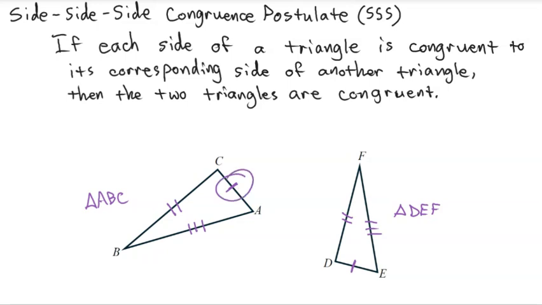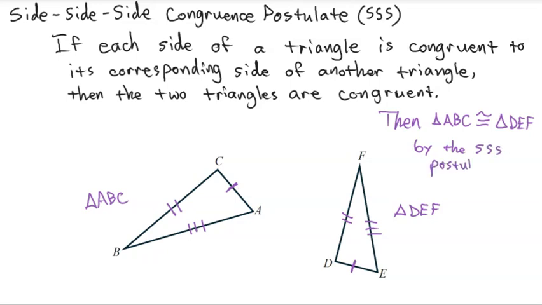So if the short side is congruent to the short side of DEF, and the medium side of ABC is congruent to the medium side of DEF, and the long side of ABC is congruent to the long side of DEF, then we can say that triangle ABC is congruent to triangle DEF, and then we would say by the side-side-side postulate, we can say that these two triangles are congruent.